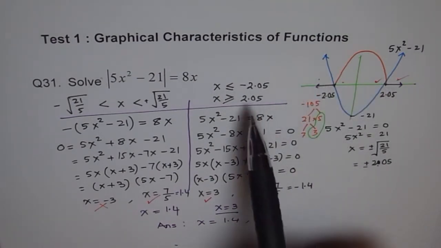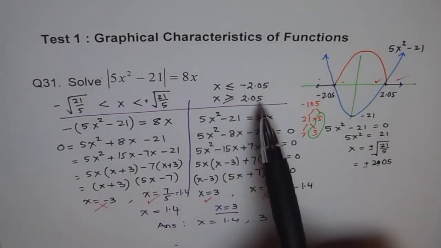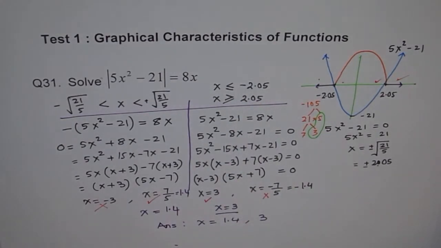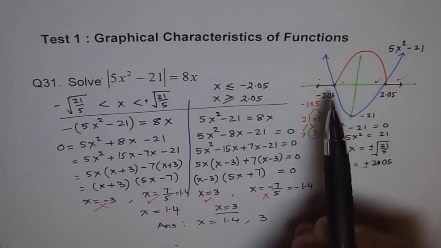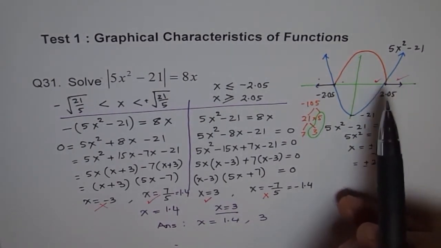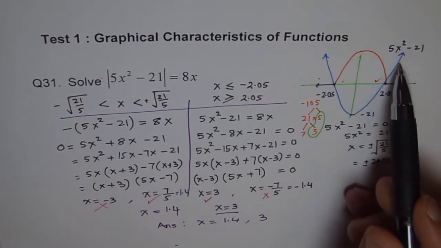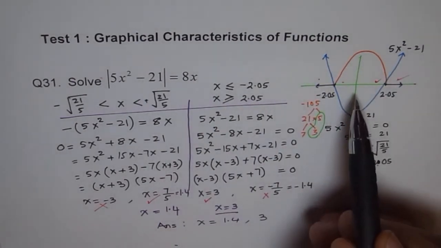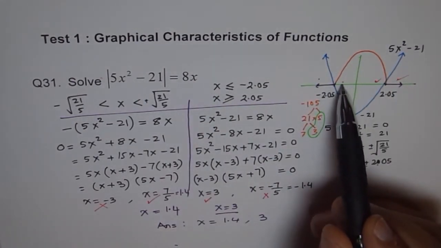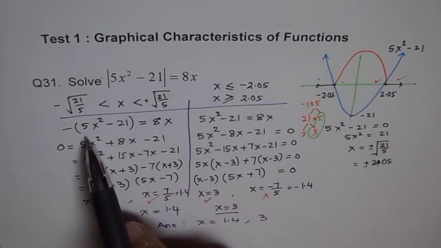You could have a third piece by doing these 2 separately also, but I prefer to combine them together to save some time and space and also understanding, right? It becomes very clear. So we see in these regions, that is beyond square root of 21 over 5, our function is as the original function. But between it, the absolute function makes negative things positive. So we took them as minus of that function.